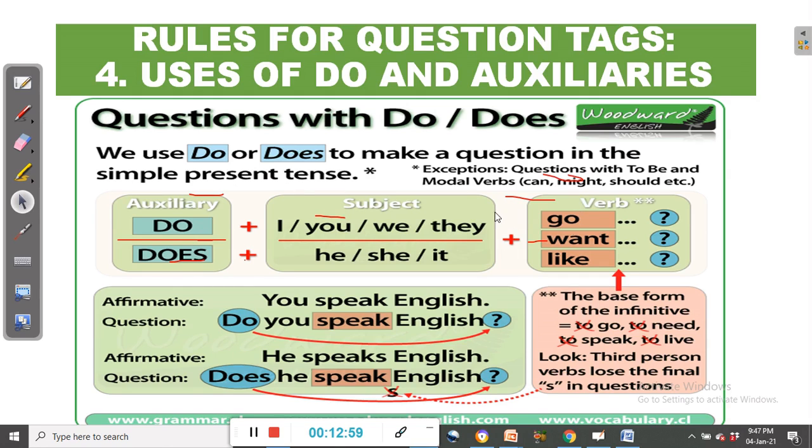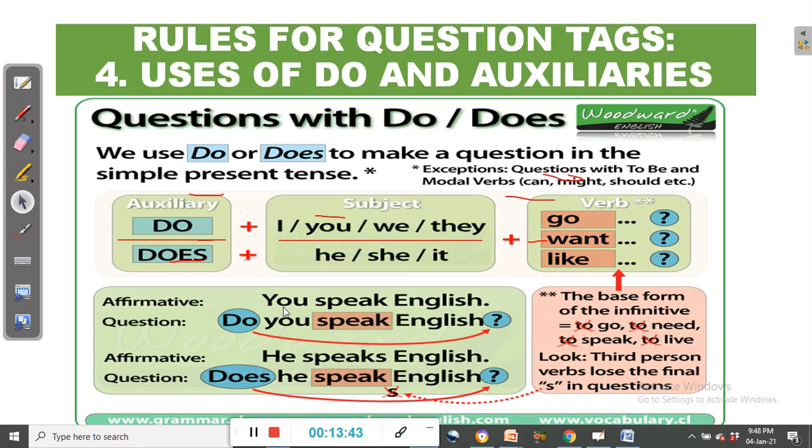Of course, you can discover that when we use the verb go, or want, or like, all right, then of course it is either do. Do is used for I, for you, for we, or for they. Do I, do you, do we, do they? Do they go? All right. Then does he, does she, does it? All right. So the appropriate form of do for the third person singular is does.